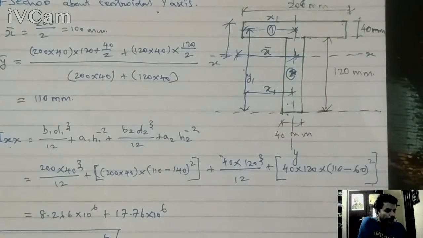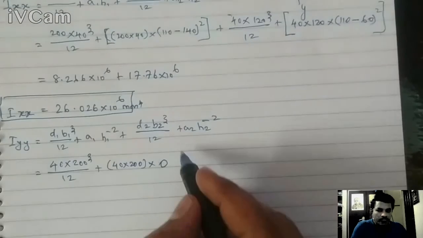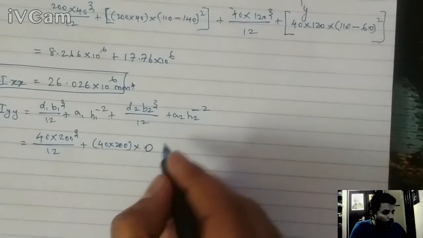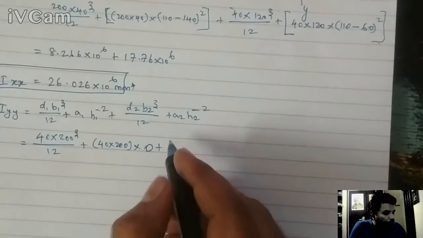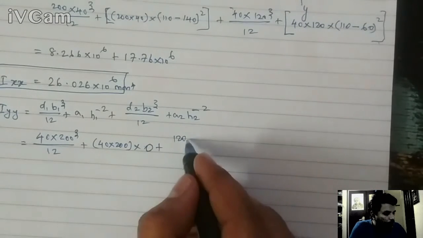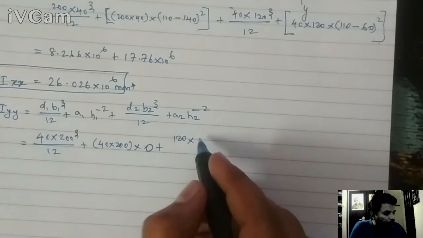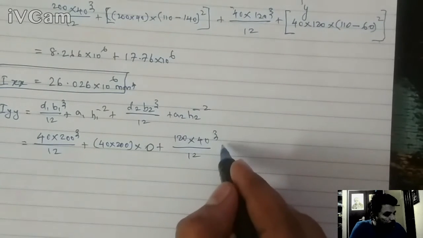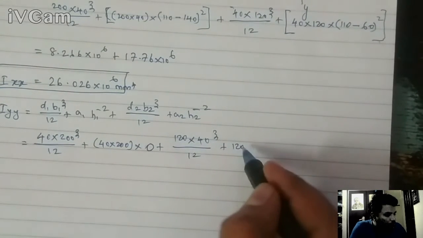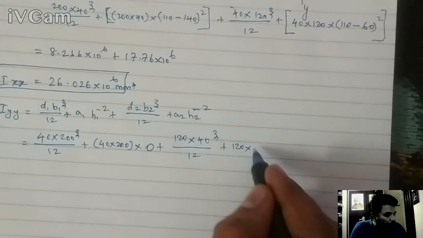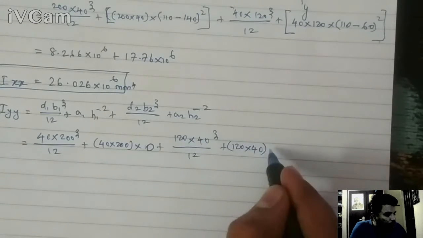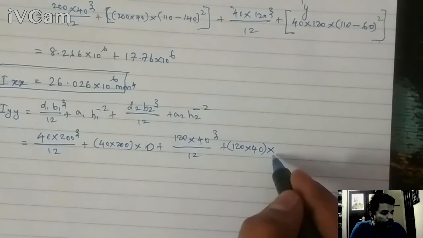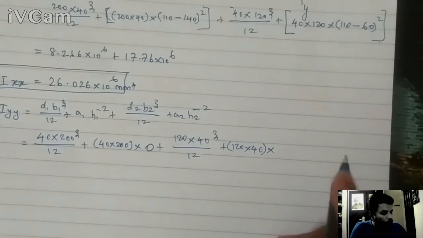Okay, plus D2 120 into B2 40 cube divided by 12, plus 120 by 40, A2, into x bar minus x2. So x bar 100, x2 also 100, so 0.